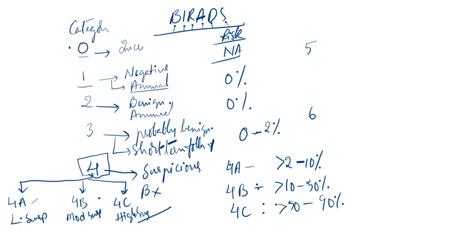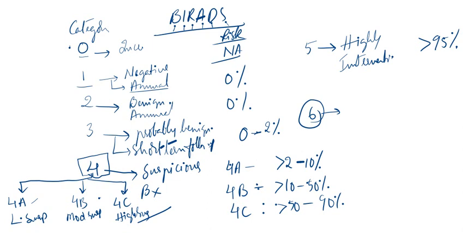Now what happens if the patient gets a BIRADS score of 5? It is highly suggestive of malignancy, and intervention is recommended, and the risk of malignancy is more than 95%. What happens if the patient gets a score of BIRADS 6?